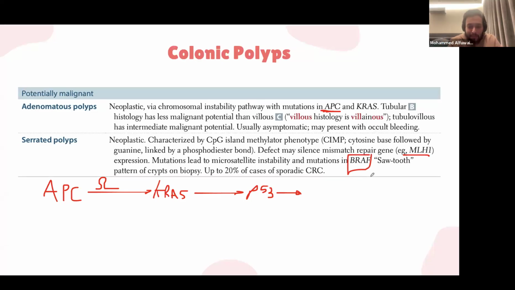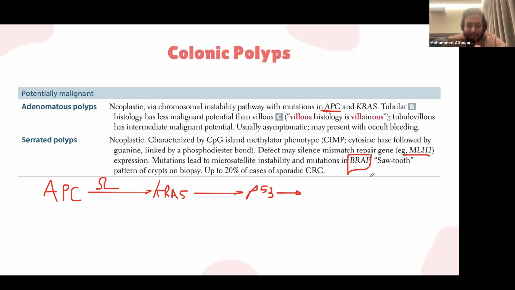Now, if these serrated polyps with MLH1 mutation are involved in a syndrome, what is that syndrome called? It can develop into cancer with MLH1 gene mutation. Hereditary.